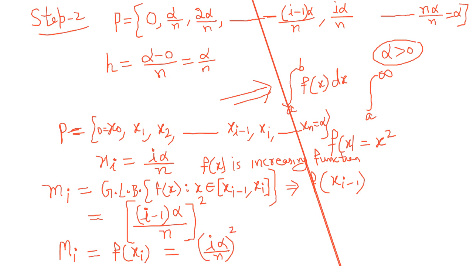Now find LPF. Find the value of LPF. It is mi delta i. Delta i is alpha minus 0 upon n.